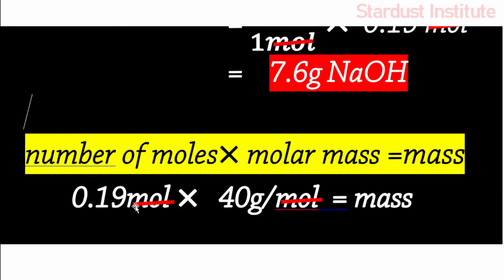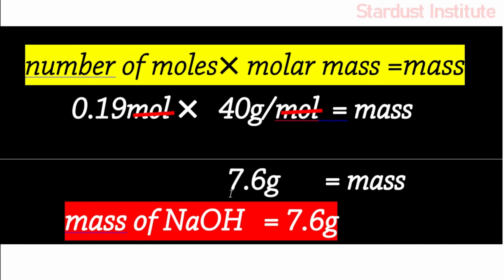We can cancel out mole. The answer is 7.6 grams. The mass of sodium hydroxide is 7.6 grams. Now let's go to the next one.